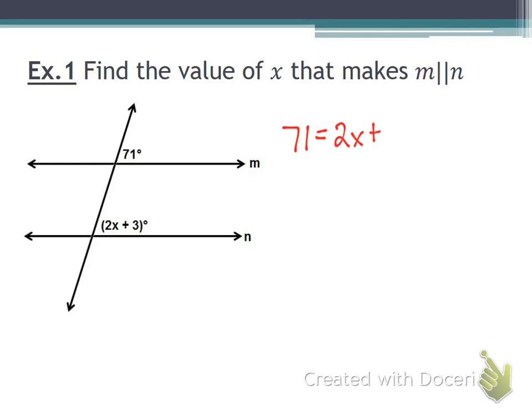Good. 71 equals 2x plus 3. You could have put 2x plus 3 equals 71. Doesn't matter to me which way it goes. To solve it, what do I need to do? Subtract 3. And then, good, divide by 2. What do we get for x? 34 equals x, or x equals 34. Does not matter to me if you write it forwards or backwards.